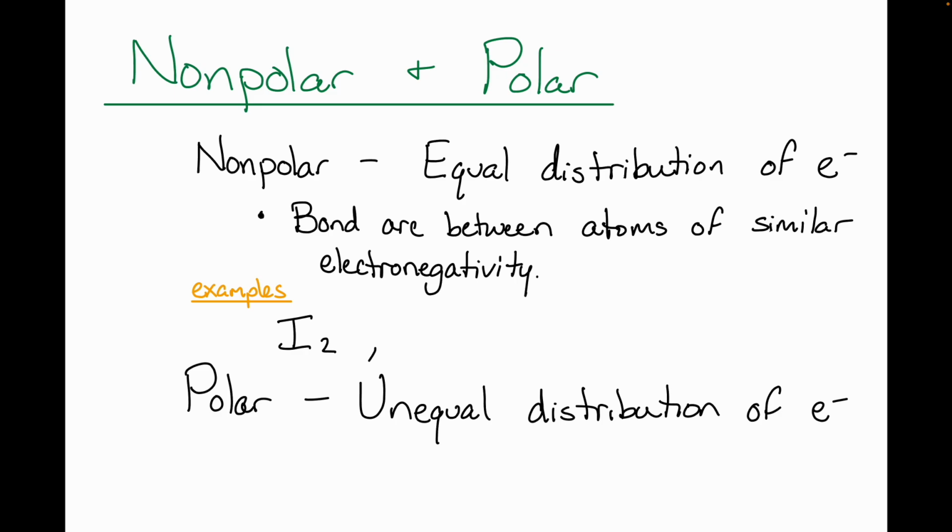So if you have a bond between carbon and hydrogen, one of them isn't any better at tug-of-war than the other. So any compound that has the formula CxHy is a nonpolar compound. Carbon and hydrogen have the same electronegativity, so they have an equal distribution of electrons when they form covalent bonds.